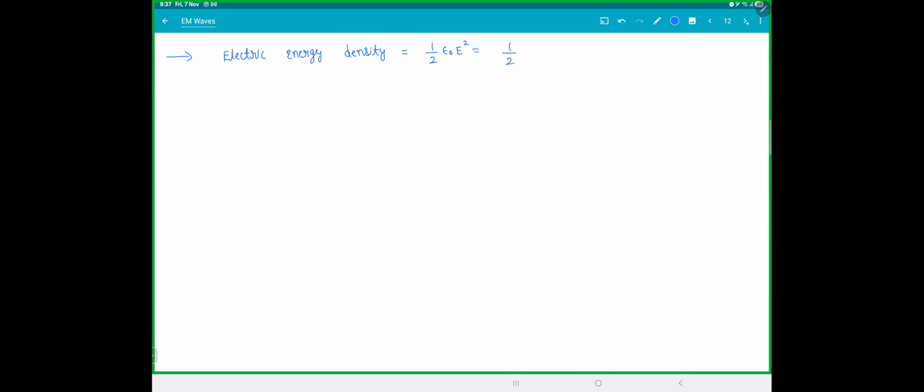And what is E? Half epsilon E naught square sine square kx minus omega t.